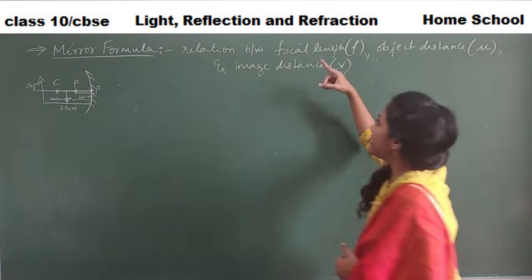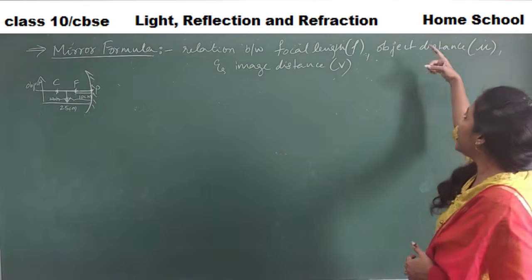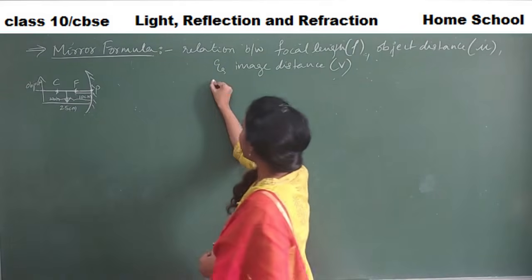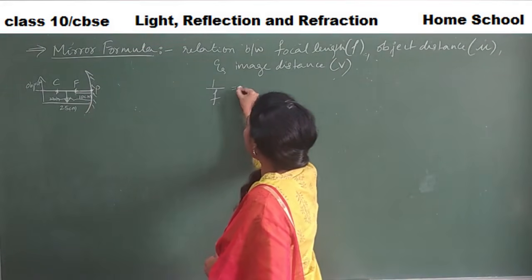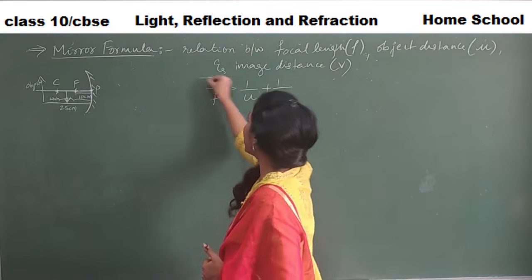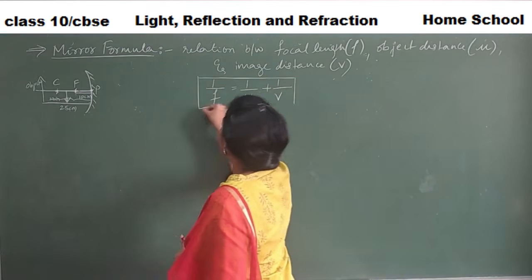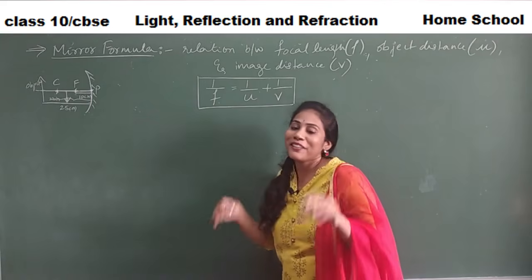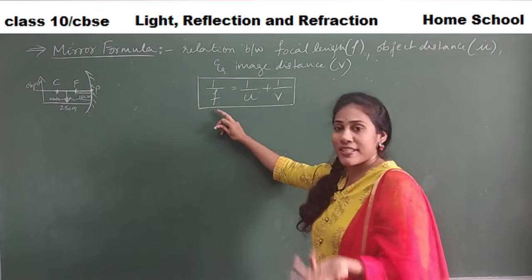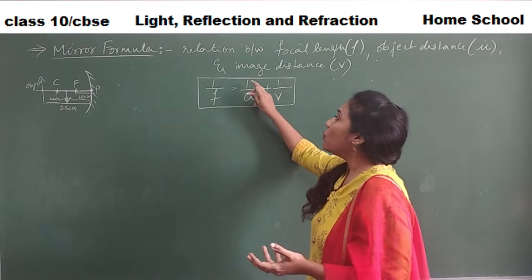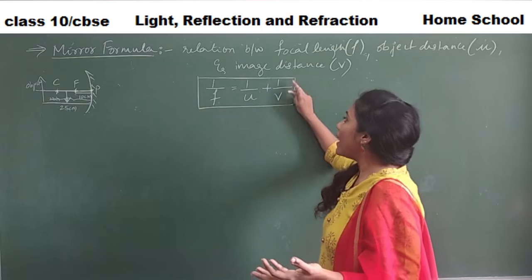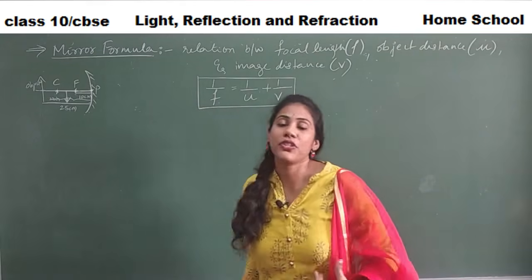So it is the relationship between focal length, object distance and image distance. The formula is 1/f = 1/u + 1/v. Very important formula. You should fix this formula in your head and never forget it. 1/f, where f is the focal length, equals 1/u, where u is the object distance, plus 1/v, where v is the image distance.